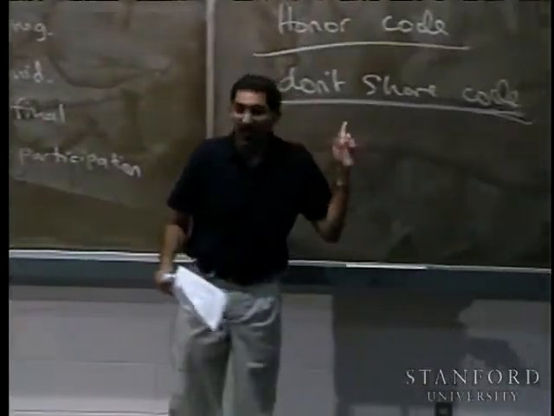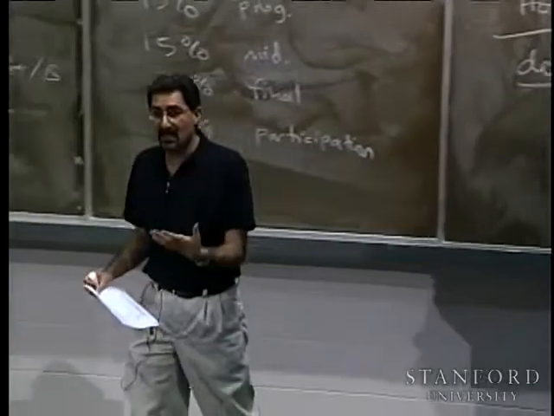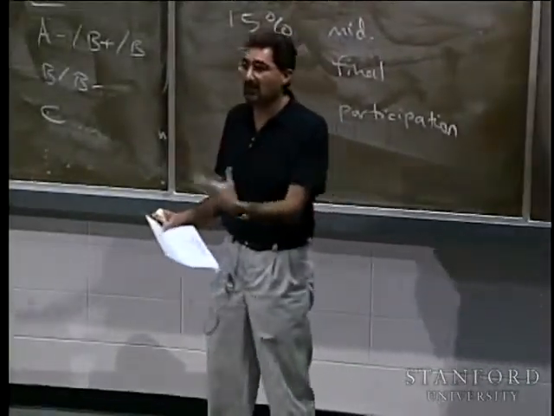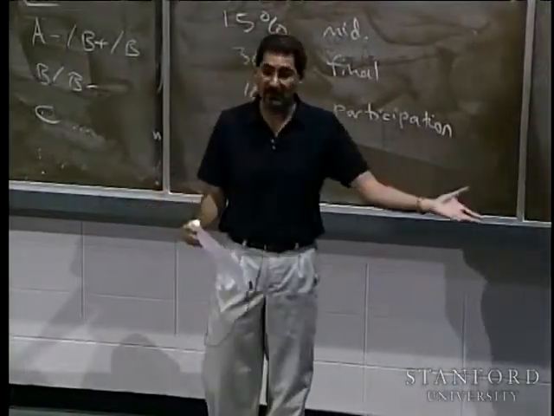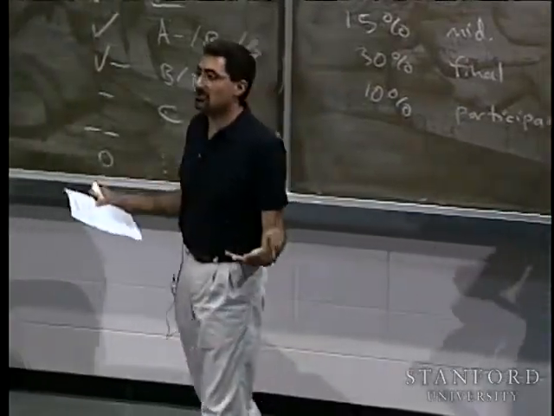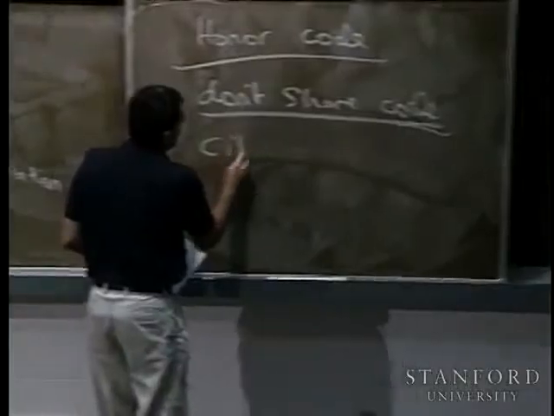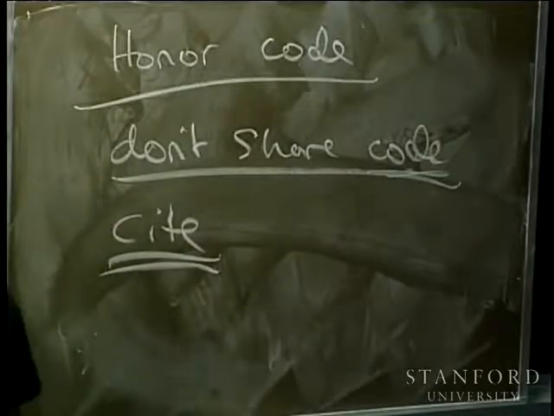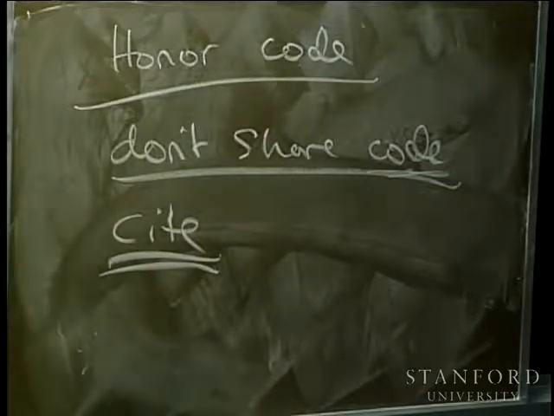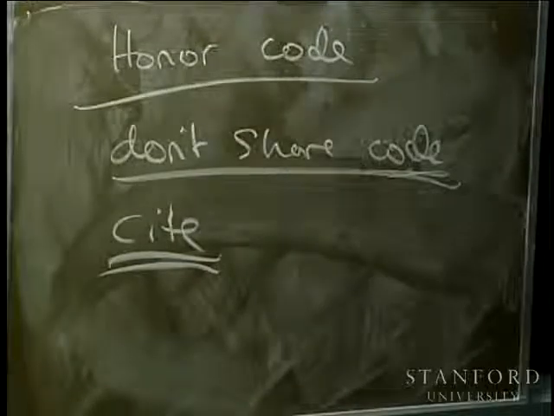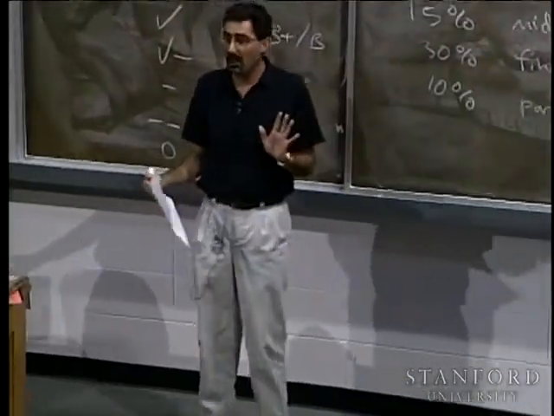So don't share code. The other thing is, if you talk to other people, like if you have a study group to talk about solution approaches, or you talk to the TA or your section leader about how you should approach a problem, and they give you a lot of hints as to how to do it, cite collaboration. Citing collaboration gets you out of trouble. Any collaboration that you cite, you cannot be held responsible for under the honor code.